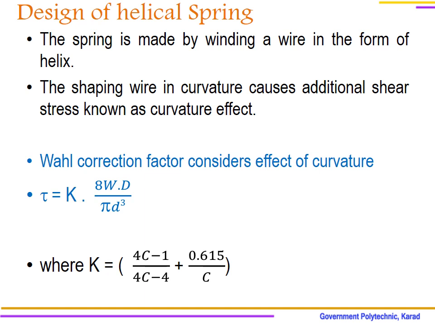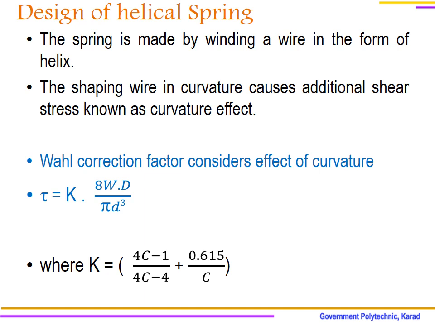So that K is represented as 4c minus 1 upon 4c minus 4 plus 0.615 upon c. So instead of Ks, now we will be using this factor K, which is the Wahl's correction factor for helical springs.